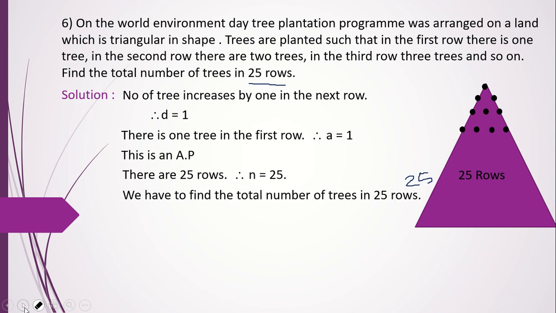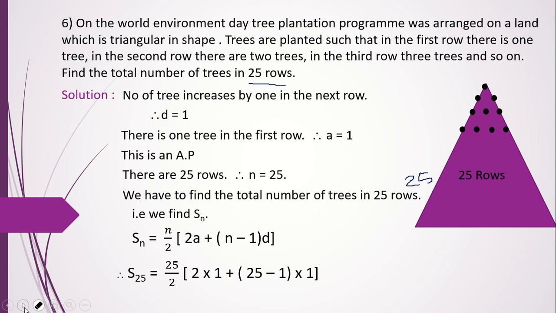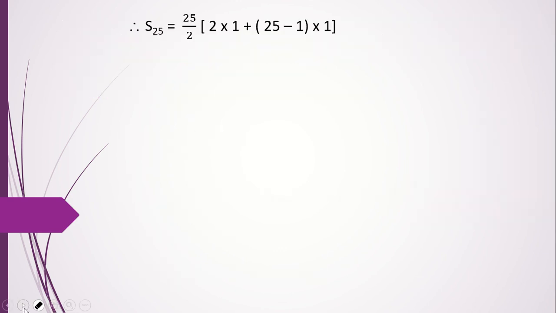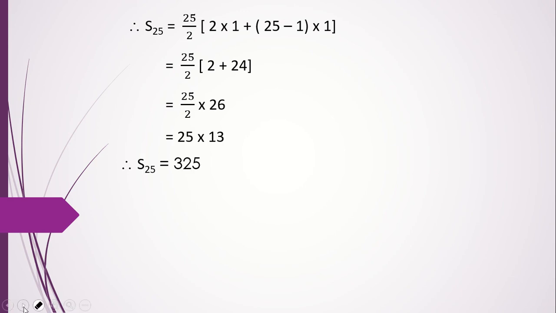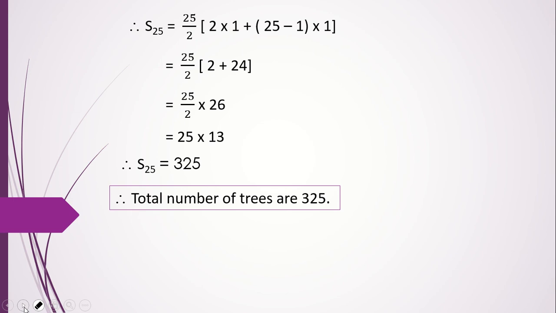Sn we have to find, S25, so just substitute in the formula. n upon 2 is 25 upon 2, into 2 into 1 plus 25 minus 1, so that's 24. 2 into 1 is 2. 24 plus 2 is 26. Divide, 13 we get. Multiply, 325. That's it. Total number of trees is 325.